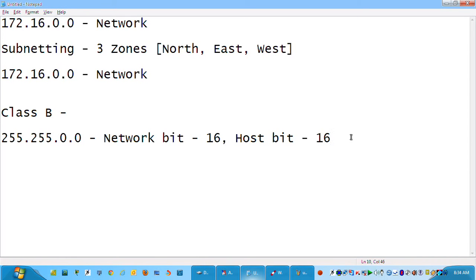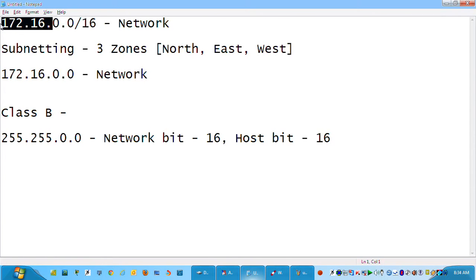We need to concentrate on the later 16 bits, because we do the subnetting on them. In CIDR notation I write this as /16. That means the first 16 bits are fixed, so you don't have to think about them. The later 16 bits you have to work out.